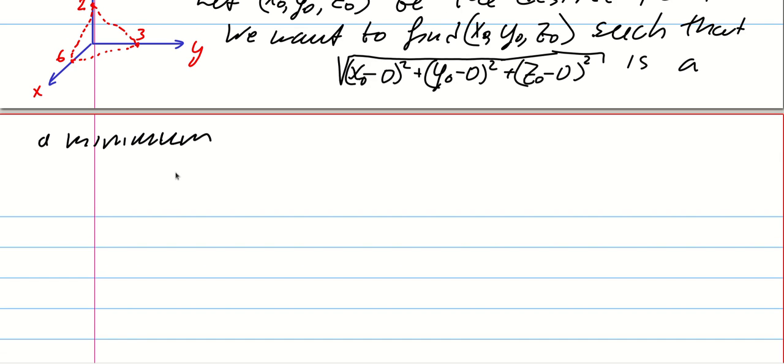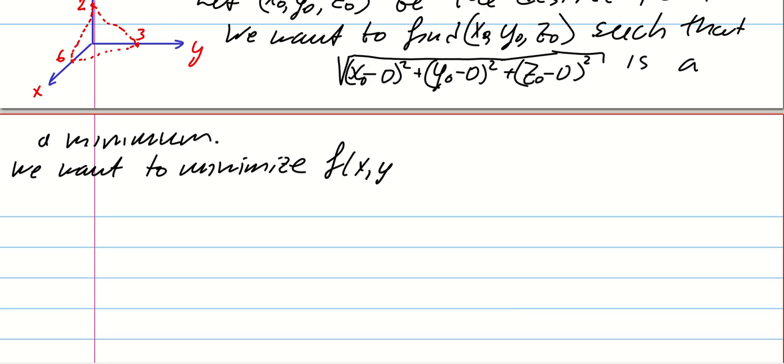All right, so now we have to create a function. It's time to create a function. So we want to minimize f of x, y, z, that is the square root of x squared plus y squared plus z squared.